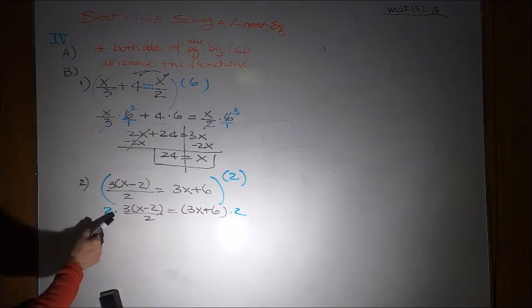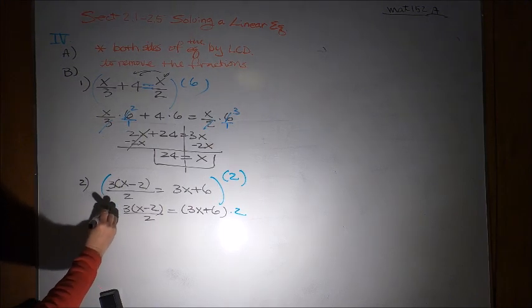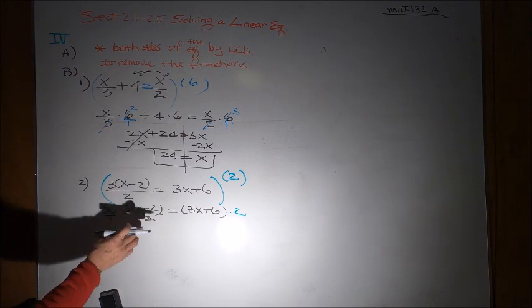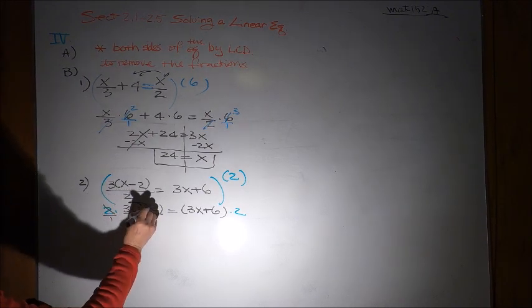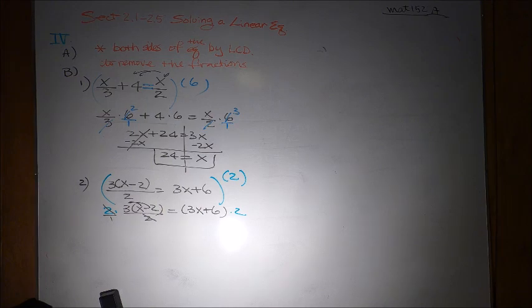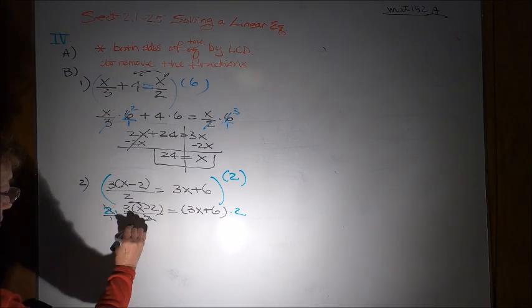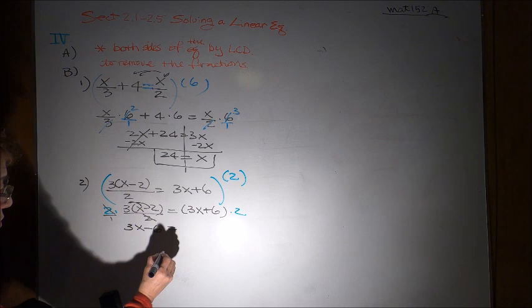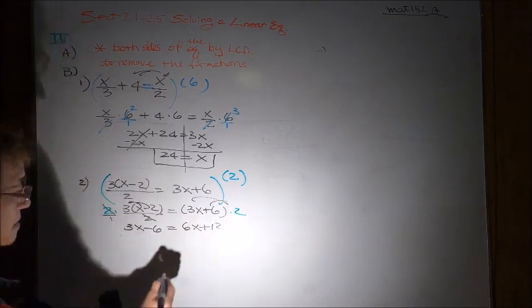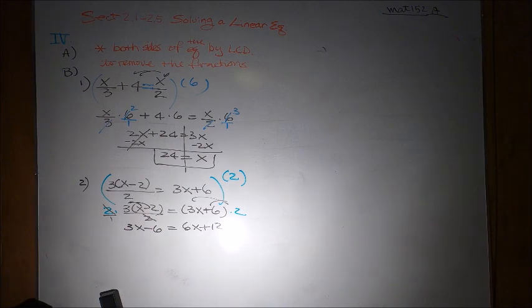Then this side, 2 times, put 1 underneath, you cancel this out. Then what do we have? We distribute the 3. So it will be what? 3x minus 6 equals, you multiply them, that will be 6x plus 12. Then what do we do?